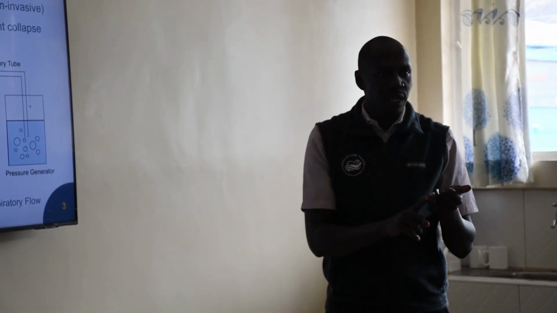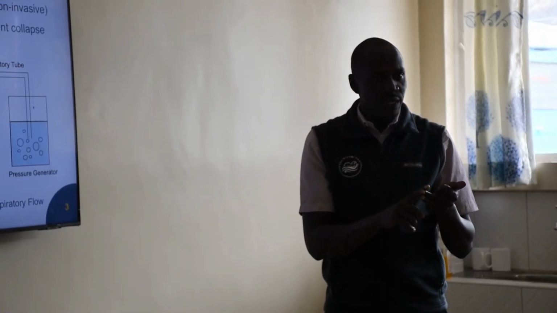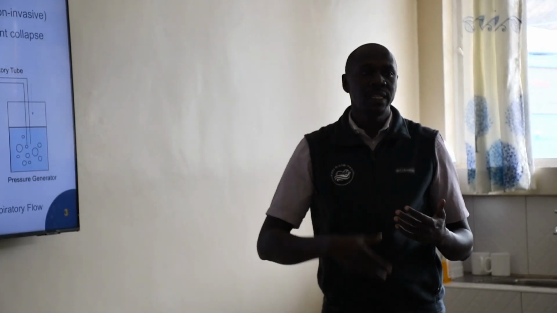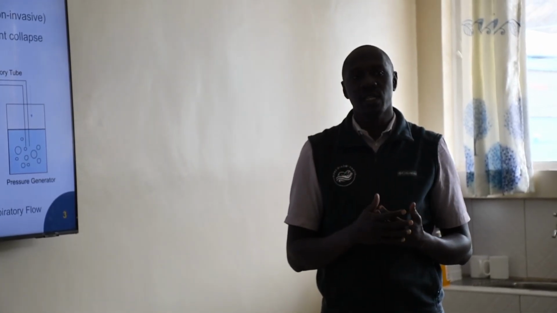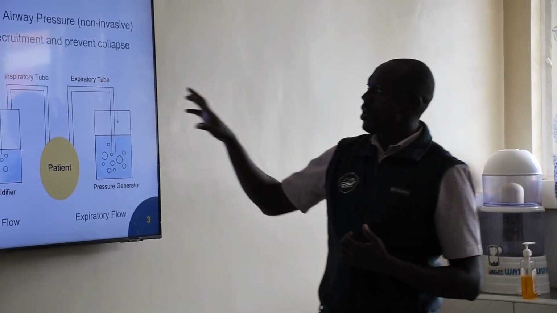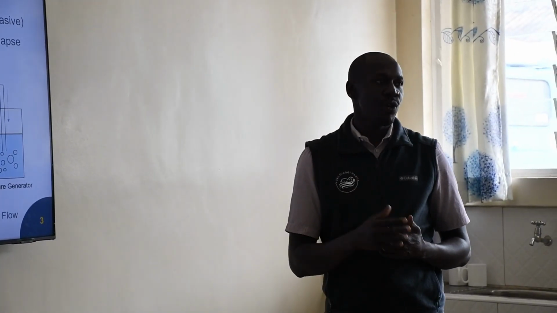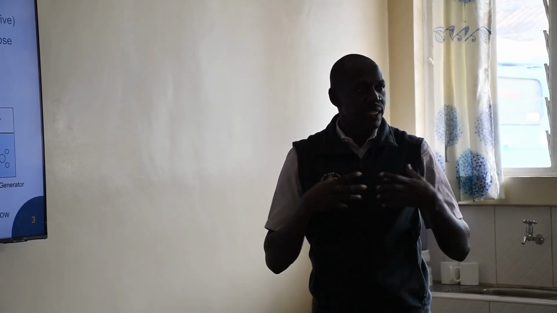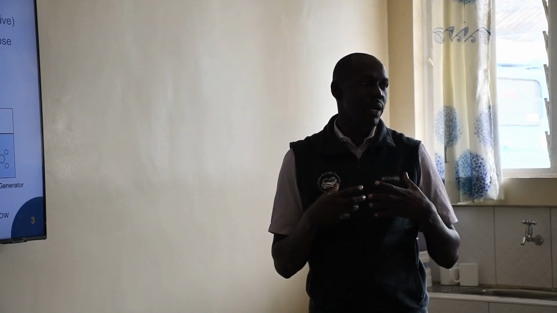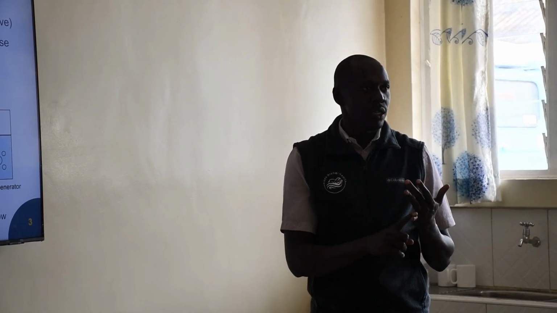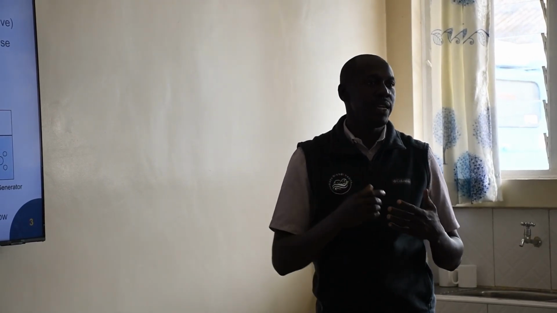The main aim is to maintain alveolar recruitment and prevent alveolar collapse, prevent airway collapse, and open the alveoli so that oxygenation goes on to meet the inspiratory demands of the baby.